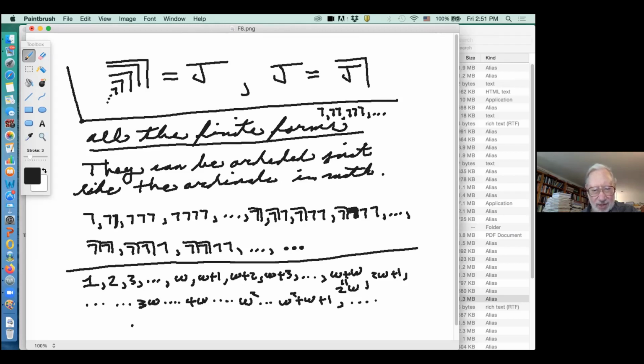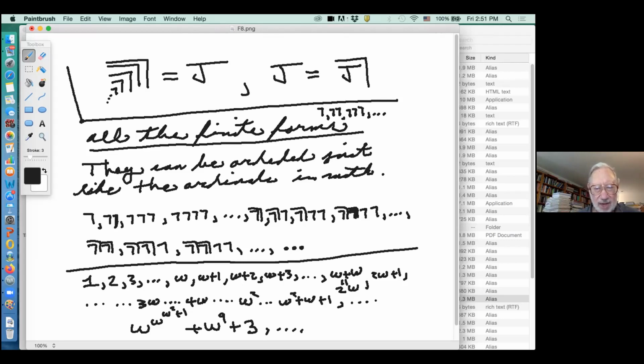And eventually you get to strange beasts like omega to the omega squared plus 1 plus omega to the 9th plus 3, and so on. And it goes on forever and ever. This is just a fragment of the designators of infinity that Cantor invented, called the transfinite ordinals.